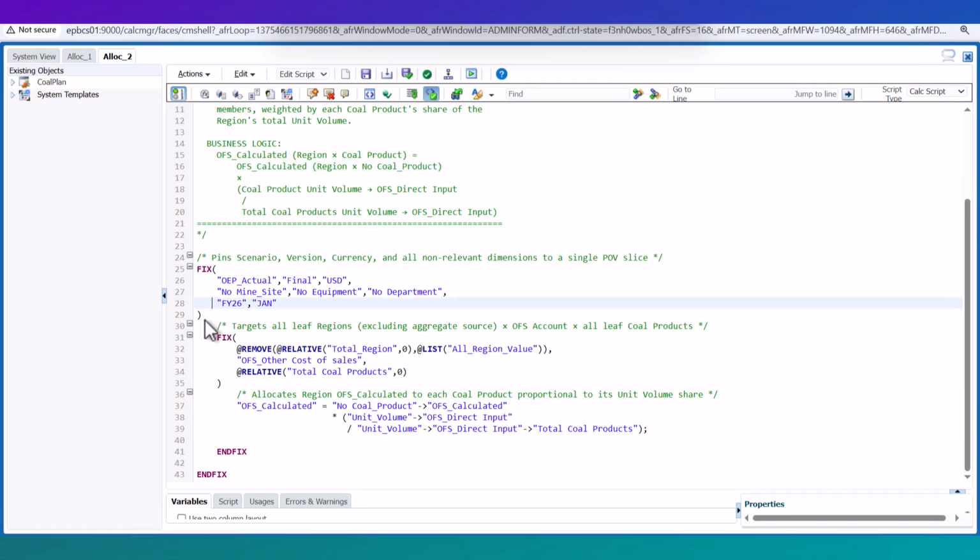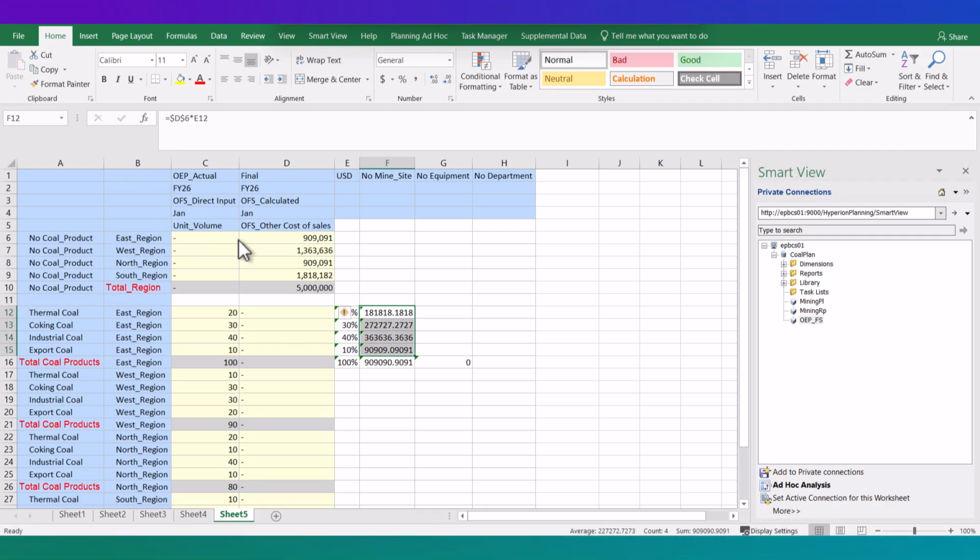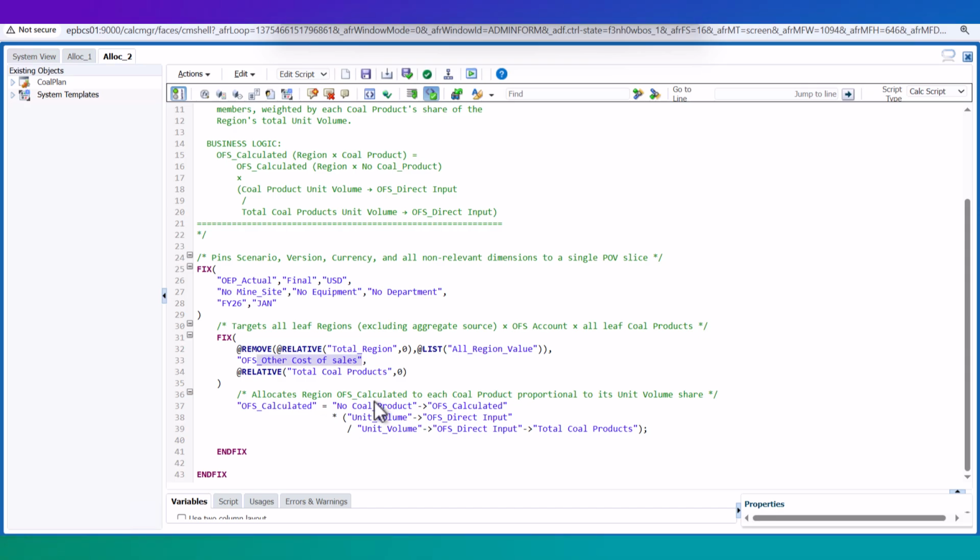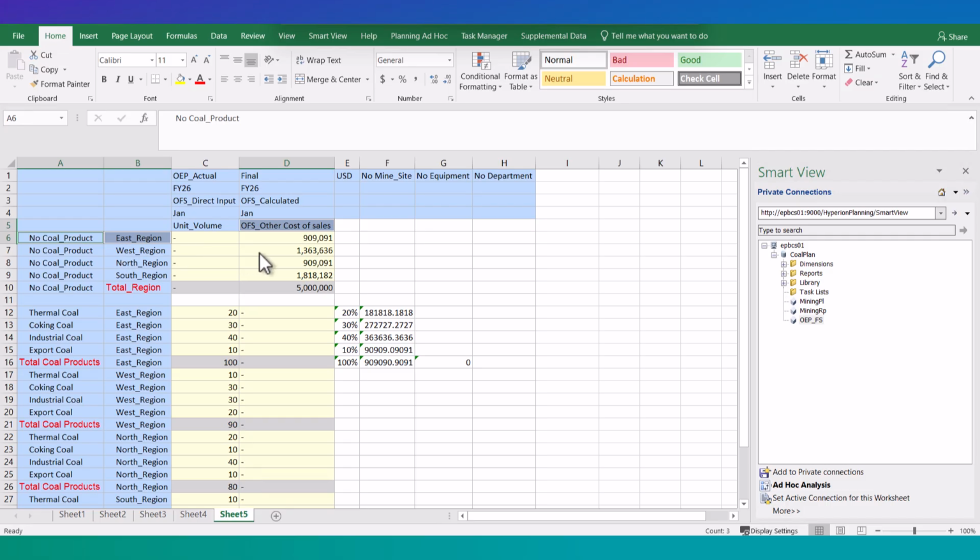So a fixed statement, fixing all the members which don't change. And if we see the allocation process, it is OFS calculated of each of all the regions. So we have taken the total region. So total regions cost of sales, OFS other cost of sales is what is required, OFS other cost of sales for all the regions at no coal product, and OFS calculated.